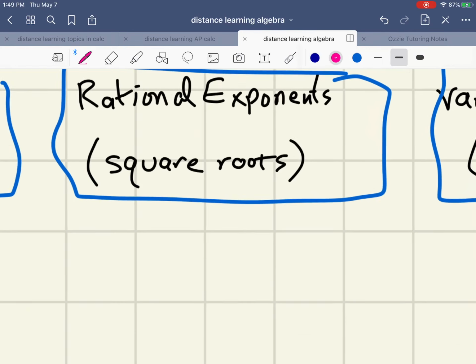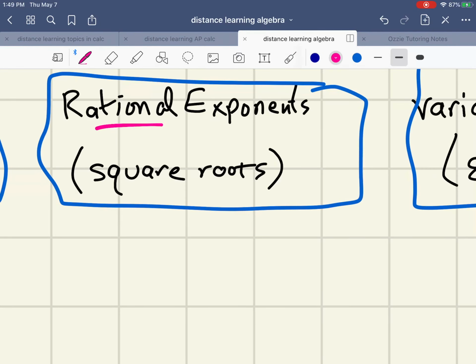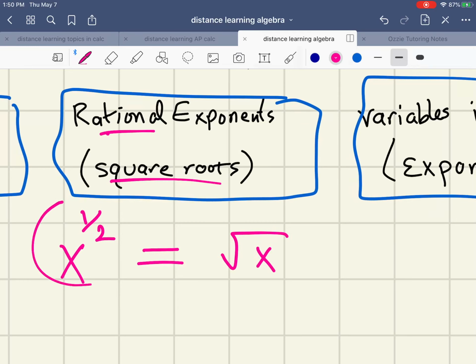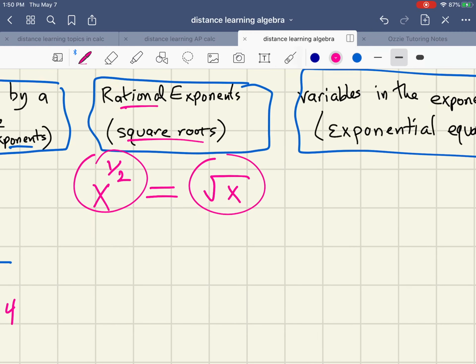Rational exponents. What's a rational number? Any fraction. These are also considered square roots. You may not have learned about these yet, but if you see one, it's not a polynomial. So x to the half power, which is the same as the square root of x. Not a polynomial. Again, if you see any fraction that doesn't reduce to a whole number or an integer value in the polynomial, it's not going to be a polynomial.